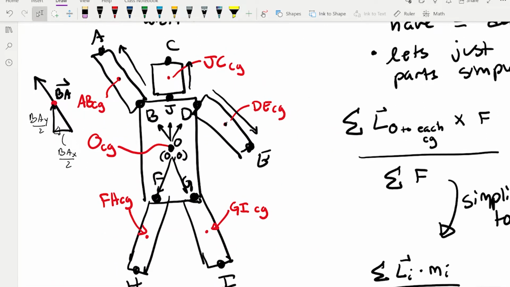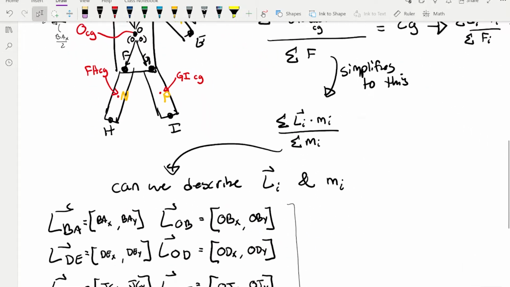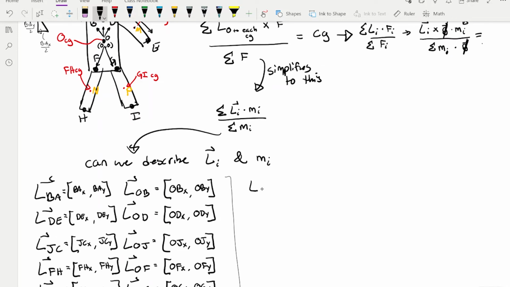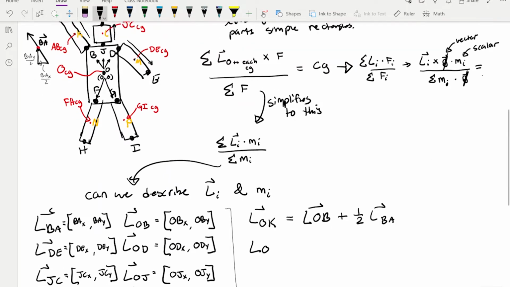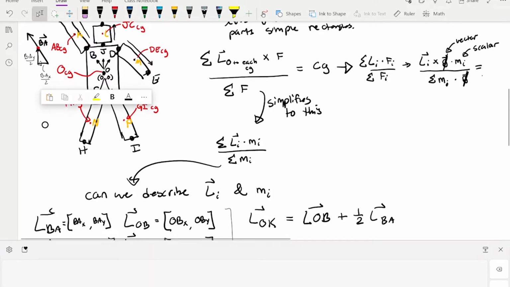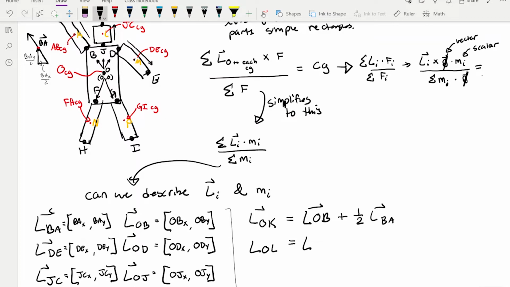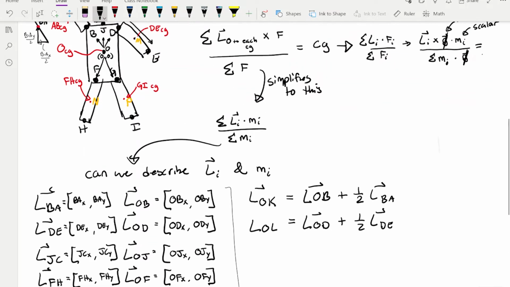J, we'll call this point K, L, M, N, P. So we want LO to K. That's going to be equal to LOB plus 1/2 LB to A. LO to L equals LO to D plus 1/2 LD to E. And that's similar to all these other ones. So let's do that real quick.